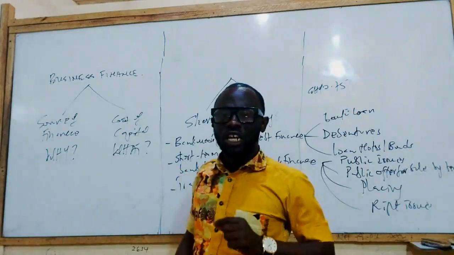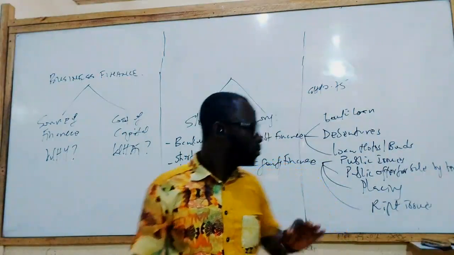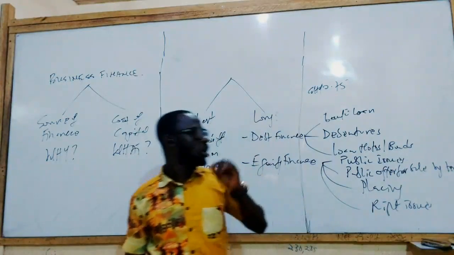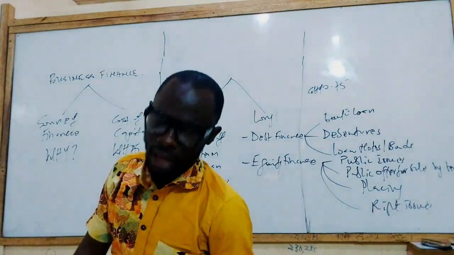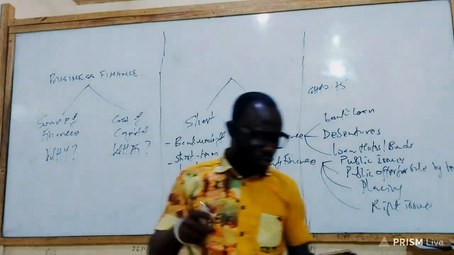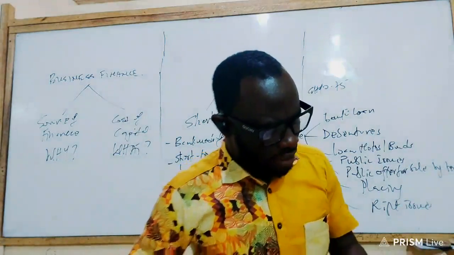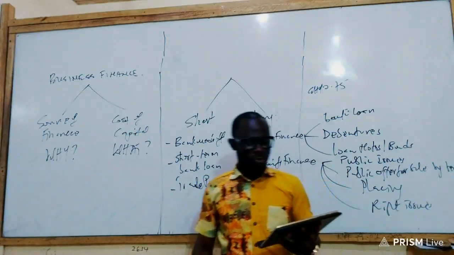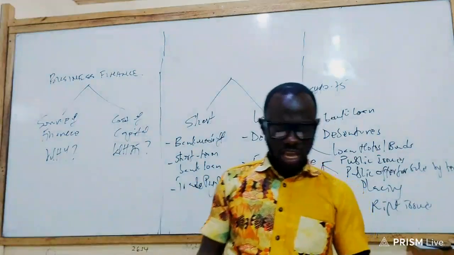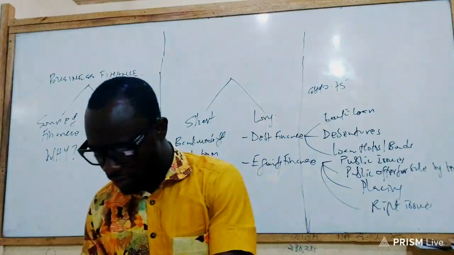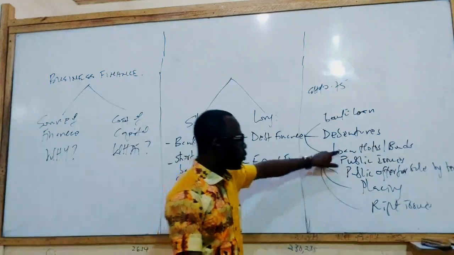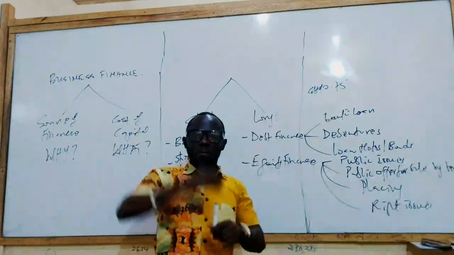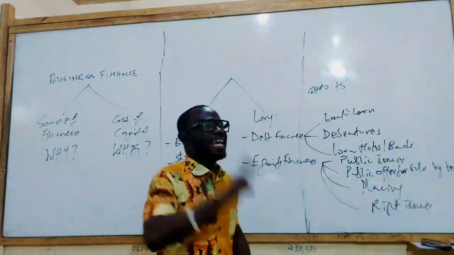Then another option available to quoted companies is what is called the public offer for sale by tender. With this one, the sale is directed to the general public. However, the price for the shares is not fixed, and the public are invited to bid for the shares. So with a public issue, the company determines the share price.